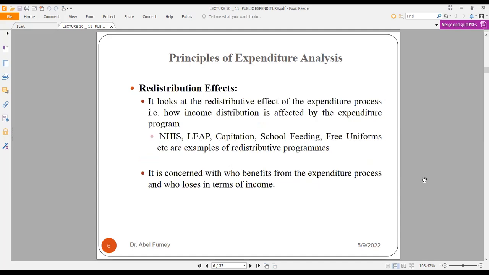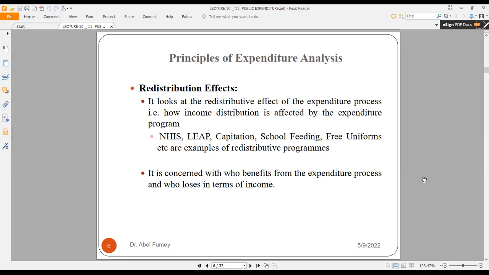Okay. Then for the redistribution effect. Now, this one too, after the spending program, after the government expenditure, how does it affect income distribution? Are we taking money from the poor? Are we giving it to the rich, or what exactly is happening after the expenditure?